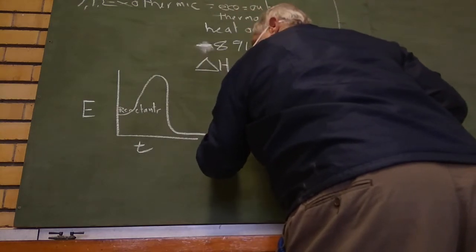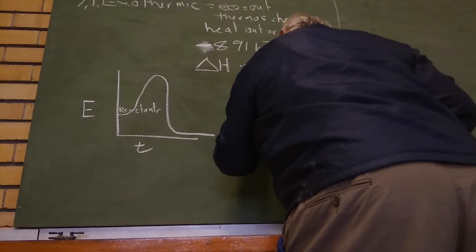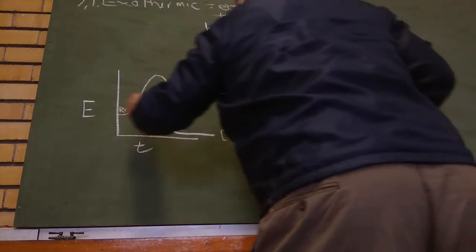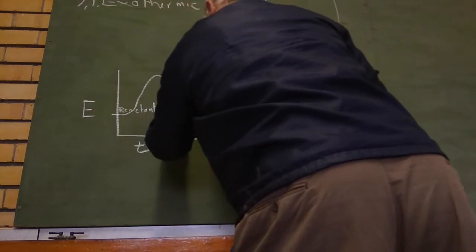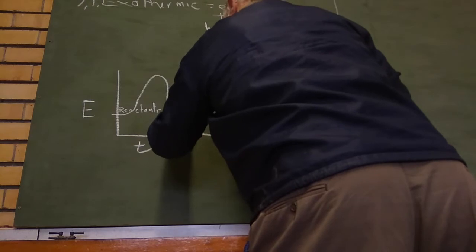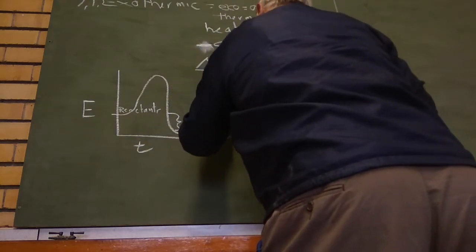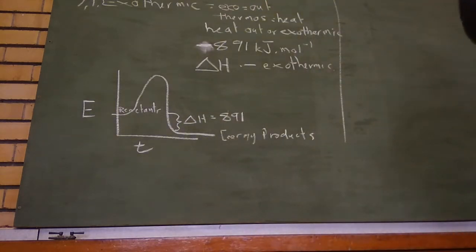The difference between them is called your delta H, and in this case it is 891. Have I lost you or not? So over time, this is the course of the reaction. Okay, please let me tell you a story. At time naught, we had only some reactants.